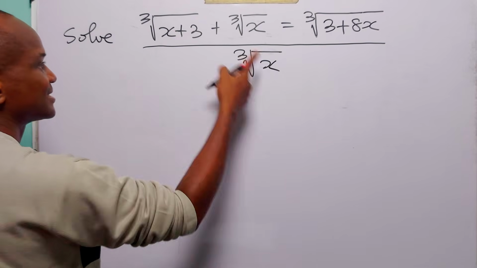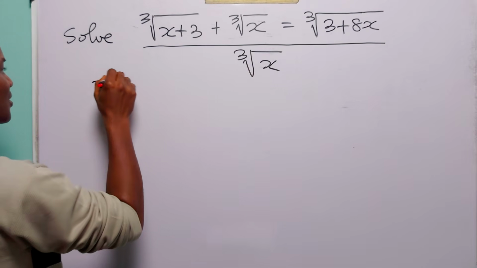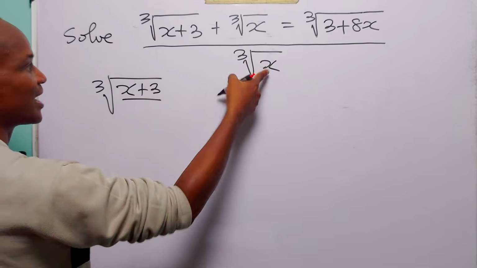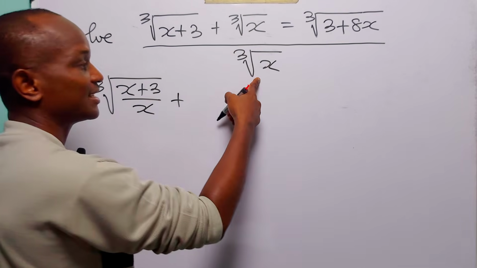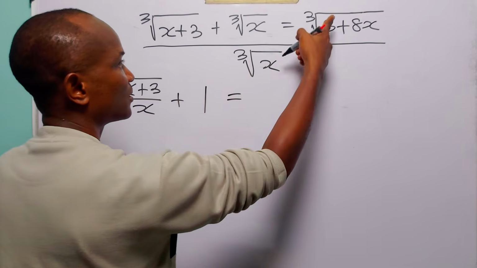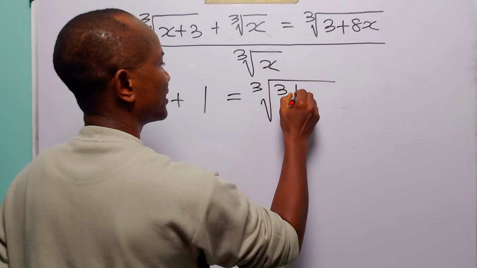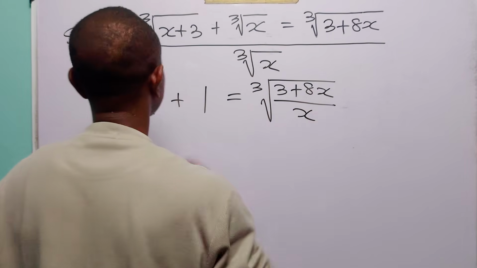When we divide this term by the cube root of x, we have the cube root of x plus 3 divided by x. Now, of course, you know that this divided by this is equal to 1, and this is equal to the cube root of 3 plus 8x divided by x.